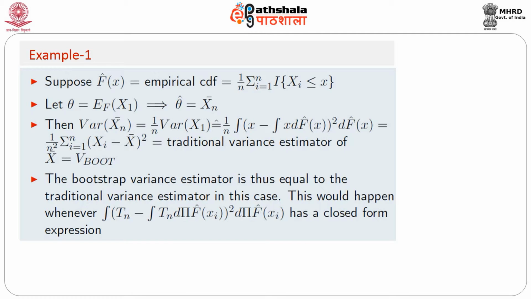The variance of xn bar comes out to be 1/n times the variance of xi, which is approximately 1/n times the integral of (x minus the integral of x dF hat)^2 dF hat(x), and that, when computed, comes out to be the traditional variance estimator of x bar. So the bootstrap variance estimator is equal to the traditional variance estimator if we consider F hat to be the empirical CDF.